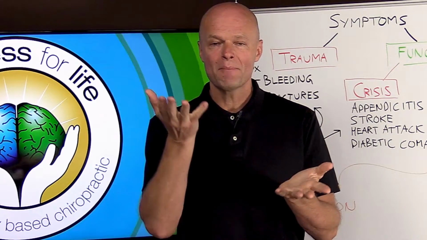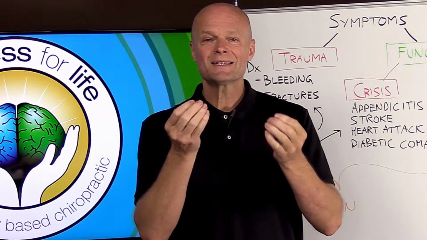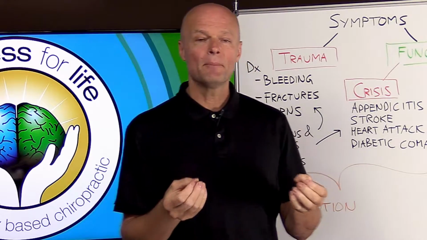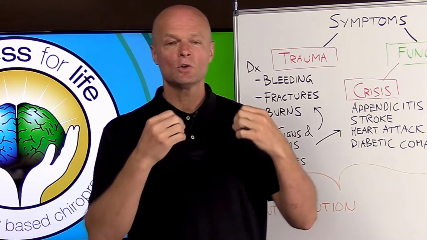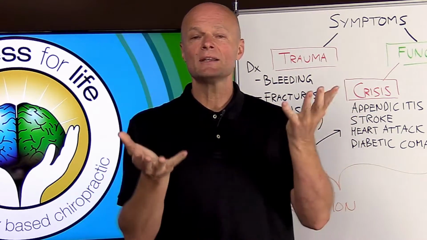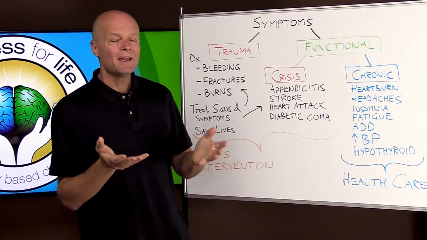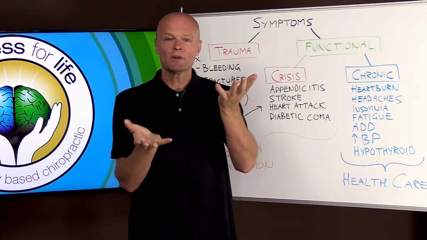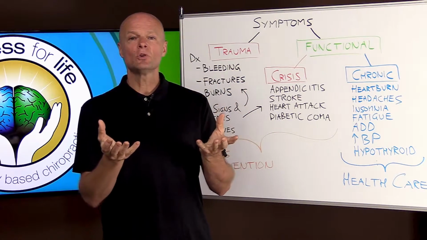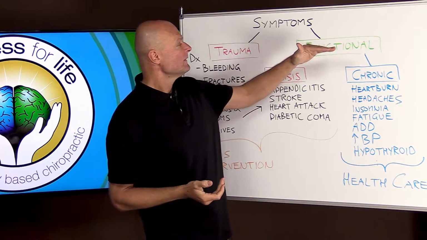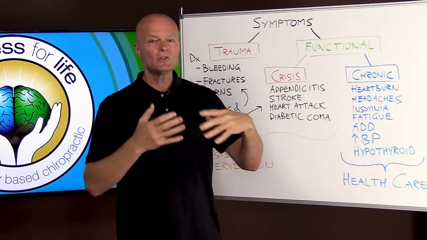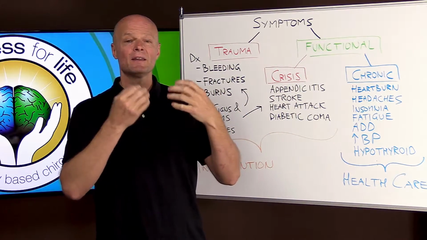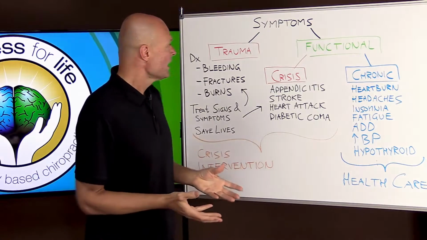All of those things are managed on a second-to-second basis by your autonomic nervous system. That's called regulation. It regulates your physiology. And if there's an imbalance in one of those, then you have a functional problem. So it's not due to a trauma, but it's something functional.